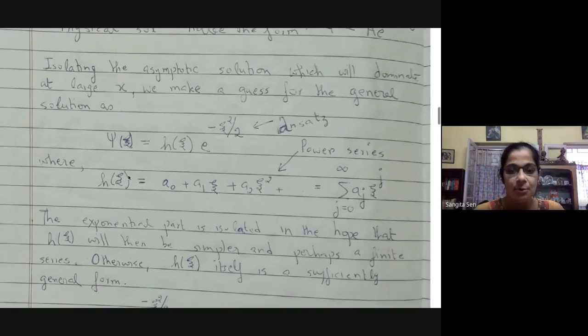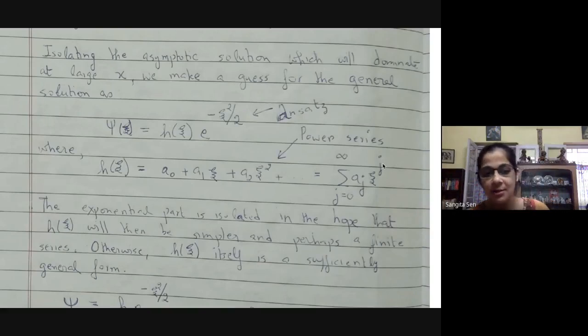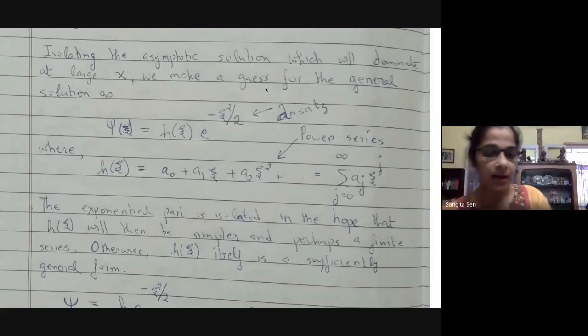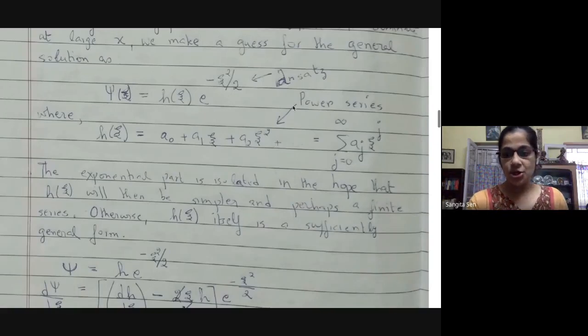That is why we first split it into these two functions, and then we allow h to be general enough so that we don't get any artifact from anywhere. This form of the function is again general enough to represent anything that psi may be, so there is no approximation involved here. And we write this in a shorthand summation notation: sum over j equal to 0 to infinity of a_j xi to the power j.